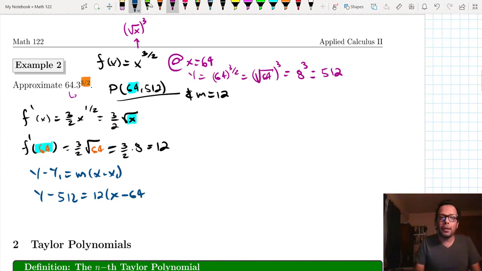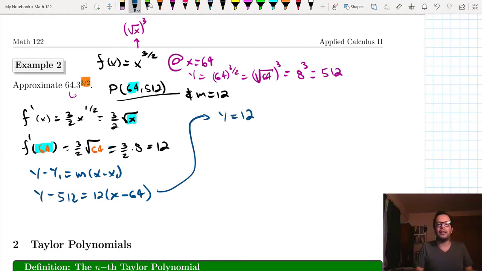Again, I know what you're thinking, you might want to distribute this 12, but my advice is not to distribute, to simplify our calculations and get easier numbers. So this is going to be y equals 12 times x minus 64 plus 512.